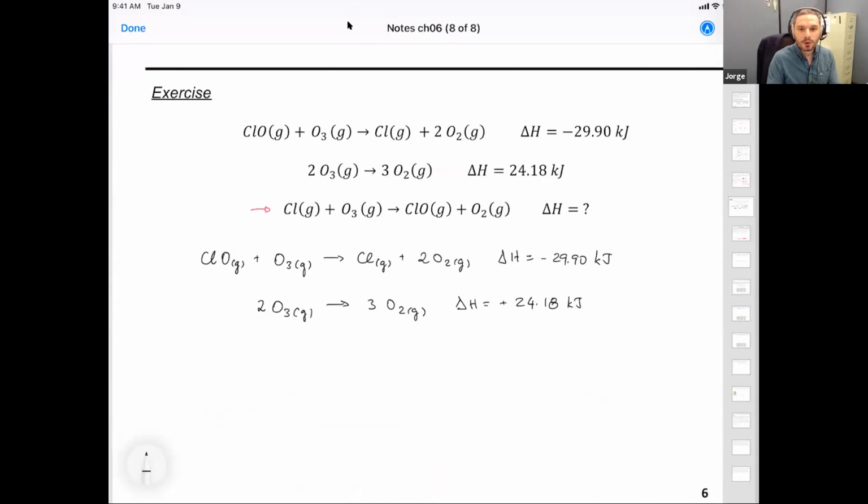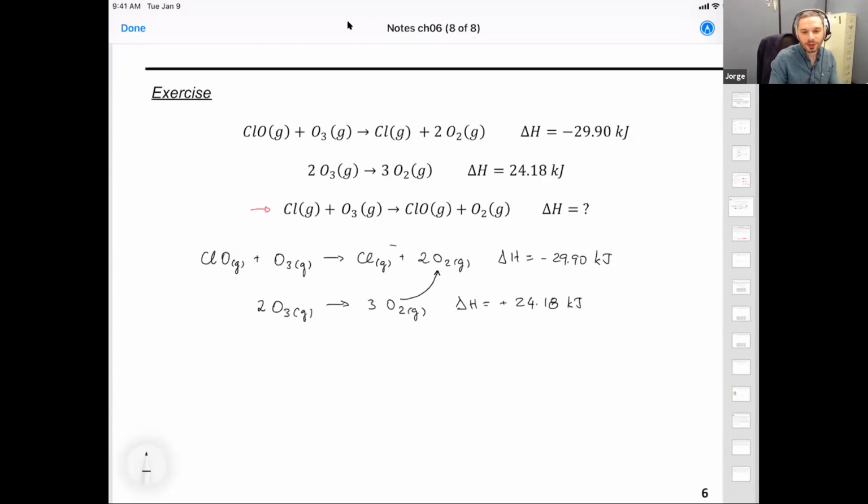Okay, so the problem here is going to try to trick you a little bit. If you look at the first reaction, we have ozone being broken up in oxygen, and see here that the oxygen moves to the second reaction, reacts with chlorine and produces chlorine monoxide and ozone.